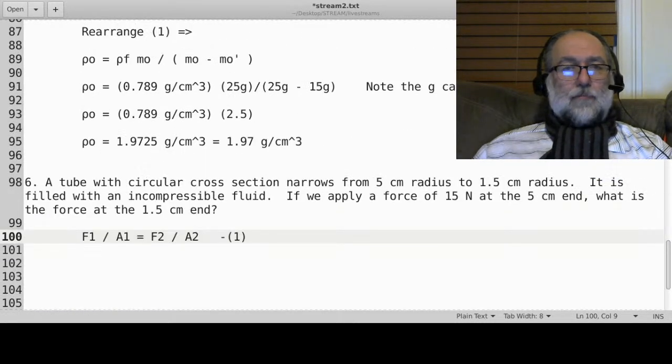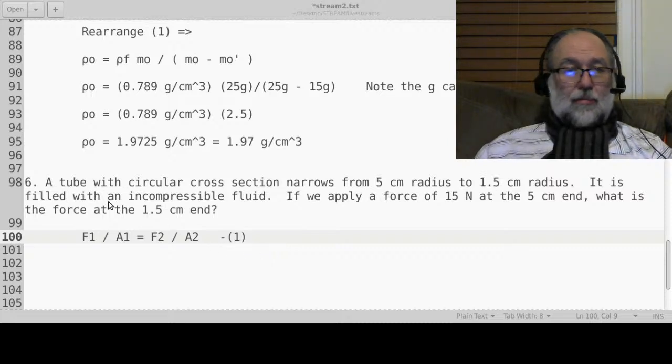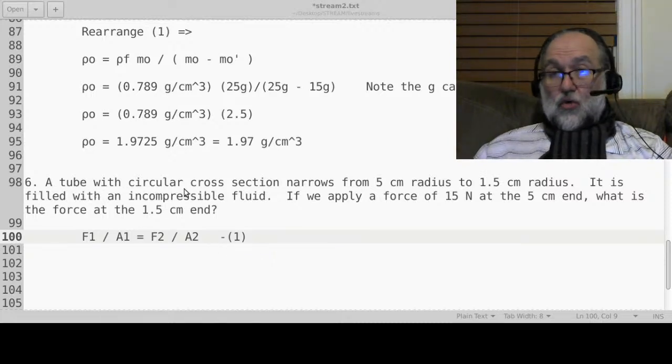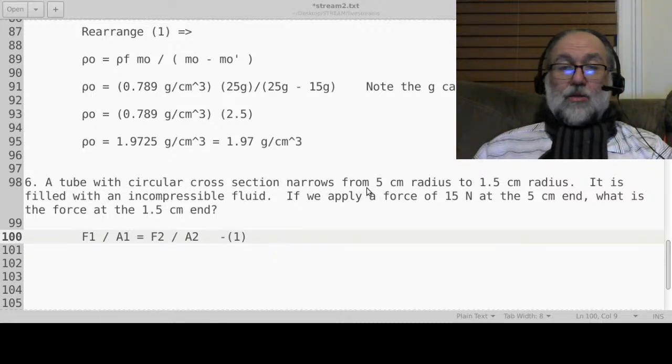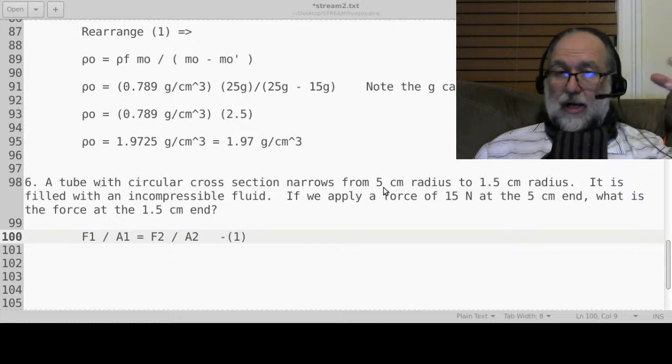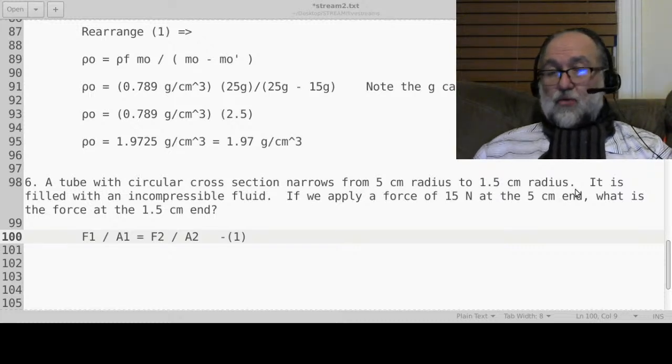Okay, so let's read the problem here. A tube with circular cross-sectional area narrows from 5 centimeters radius at one end to 1.5 centimeters radius at another end, and it's filled with an incompressible fluid. By the way, Pascal's principle only works with incompressible fluids.